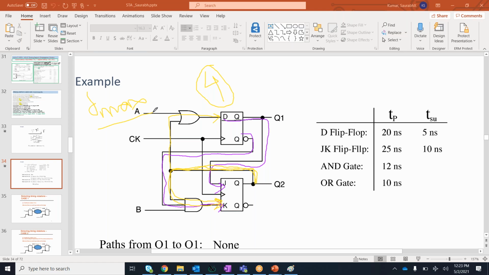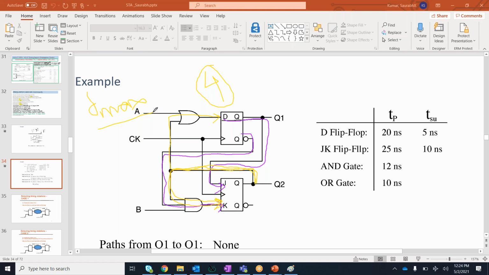How will we find it? To find the maximum frequency, we have to find the minimum time period for which this circuit will not have the setup violation. Is this statement clear to everyone? Yes or no?